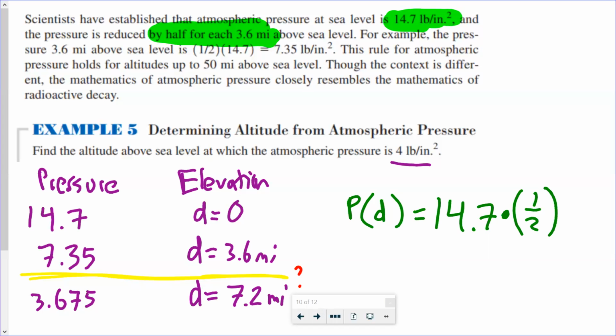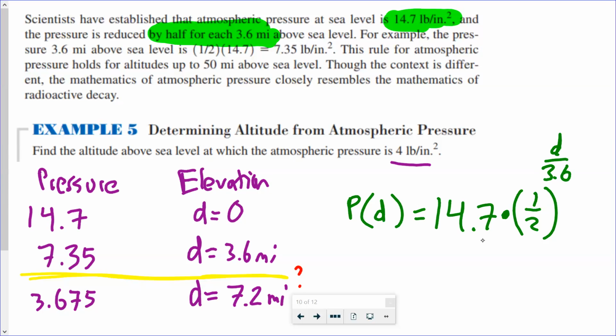Now when I go to do my exponent, I need to remember to put it in terms of its half-life. So it's not just going to be in the distances, right? The D is for distance here, not days, and the P is for pressure. Anyway, Micah, what's our half-life? 3.6 miles. So I just make sure I divide by 3.6.